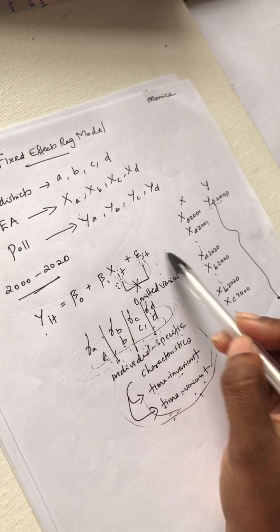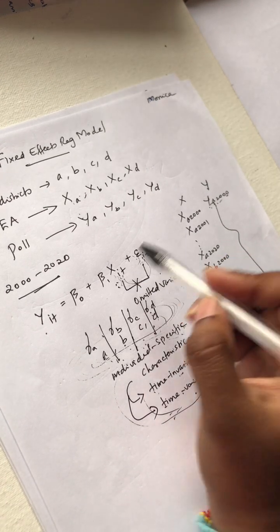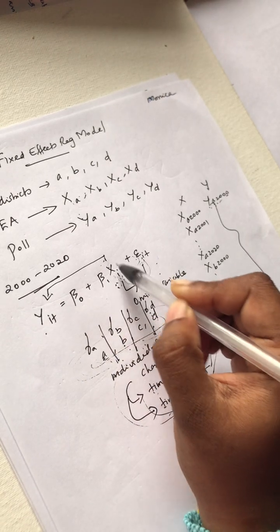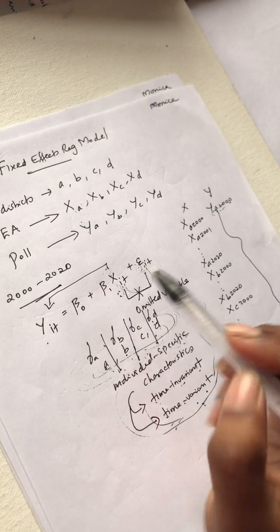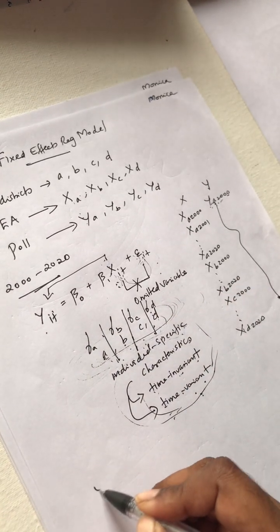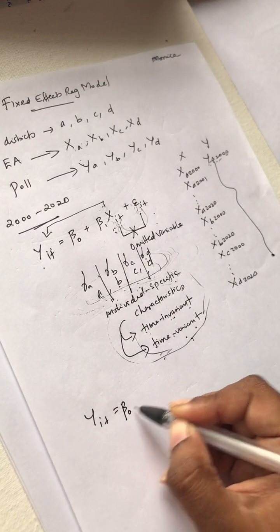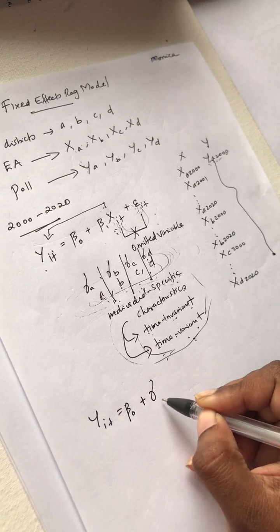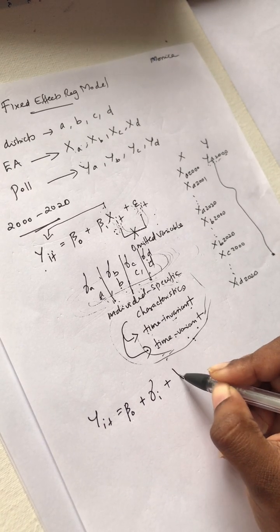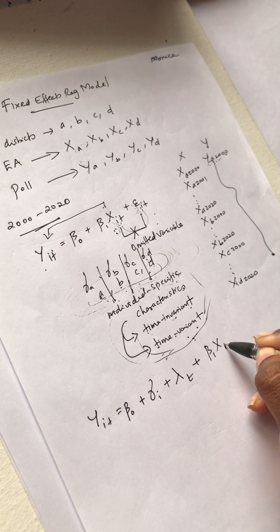So in order to solve this and to extract the independent effect of X on Y, we change the model to Y_it equals beta naught plus gamma_i plus lambda_t plus beta 1 X_it plus the error term.